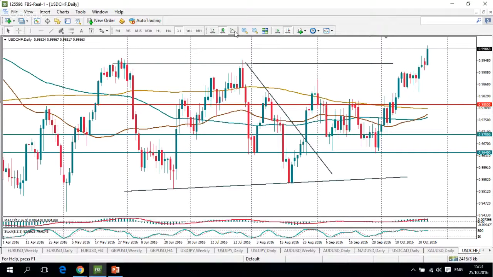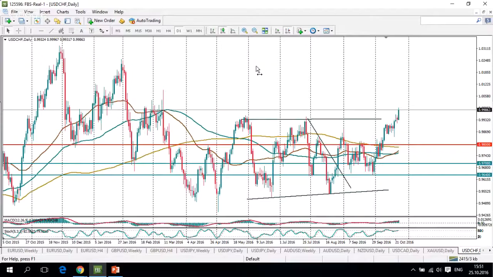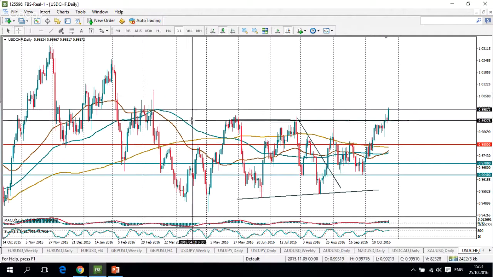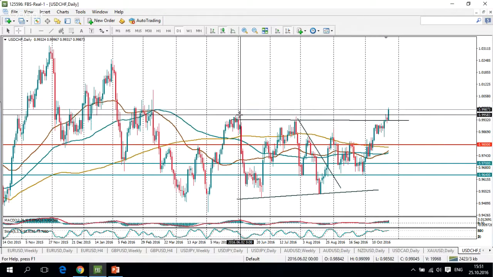The US dollar Swiss franc currency pair has breached to the upside. We can see that the pair is now trading above May highs, located around 0.9960.